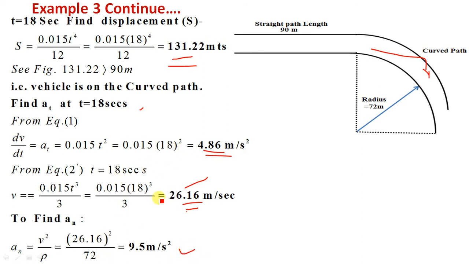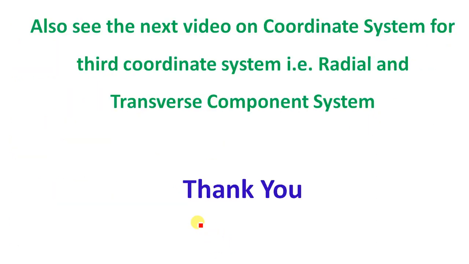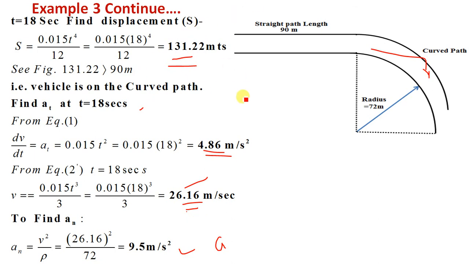So a_t is known to us, a_n is known to us, we can find out the value of a.